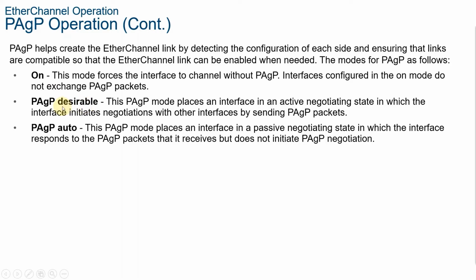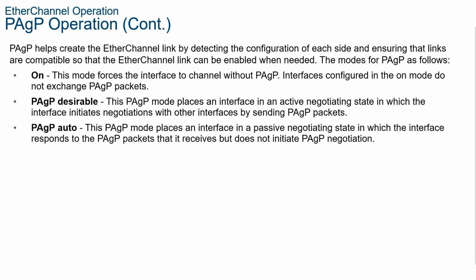This PAgP mode places an interface in an active negotiating state in which the interface initiates negotiations with other interfaces by sending PAgP packets. The third one is PAgP auto. This PAgP mode places an interface in a passive negotiating state in which the interface responds to the PAgP packets that it receives but does not initiate PAgP negotiation.